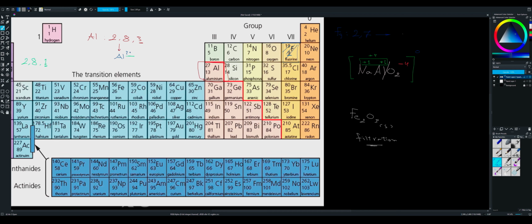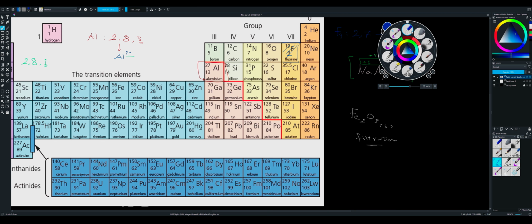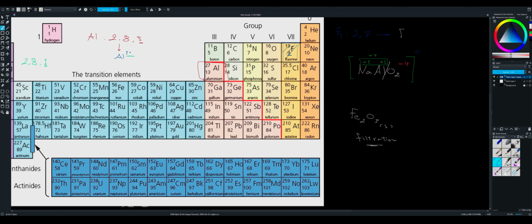So fluorine tends to gain 1 electron in order to form the fluoride anion, F negative, so that the outer shell would be completely saturated with electrons.